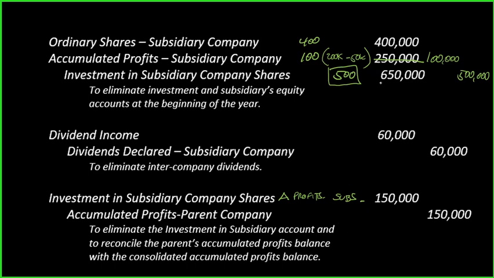Pero pwede pa rin naman ito. Wait lang, i-indent lang natin. So, para hindi kayo malito, 400, 250, and 650. 250 for the accumulated profits of the subsidiary as of the beginning of the year. Okay po? Beginning of the second year, which is the end for the first year. Huwag kayong malilito.